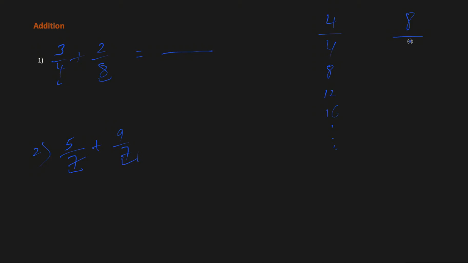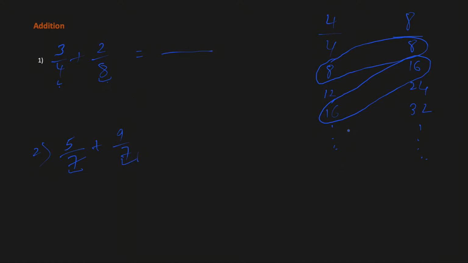And for 8 it is 8, 16, 24, 32, and so on. And we can see that 8 and 16 are the numbers that are present in both 4's table and 8's table.